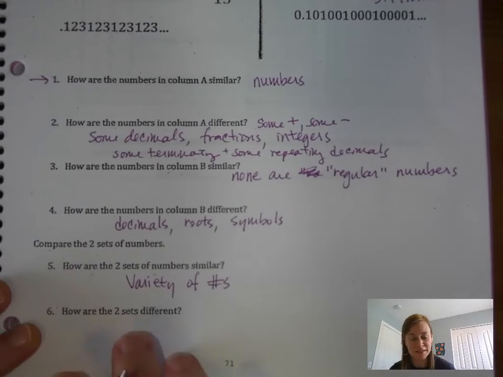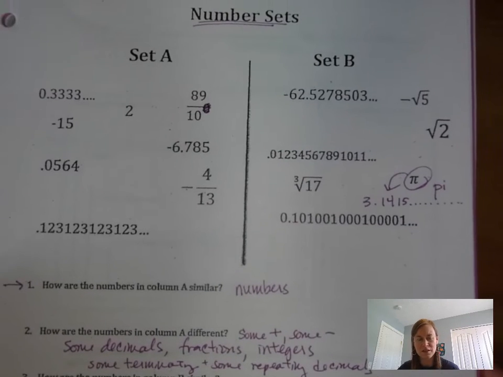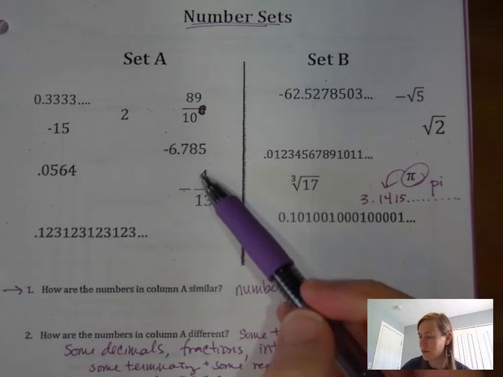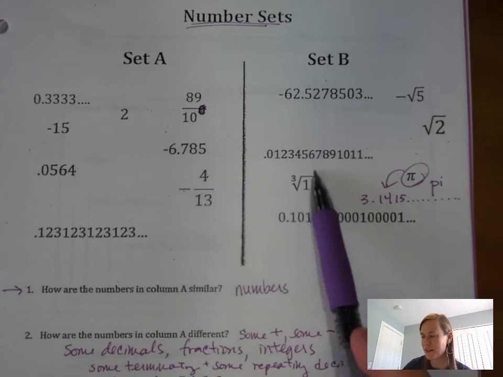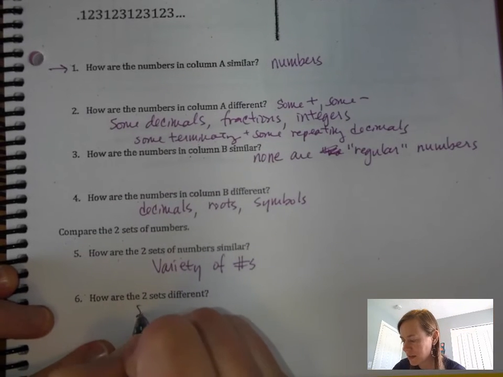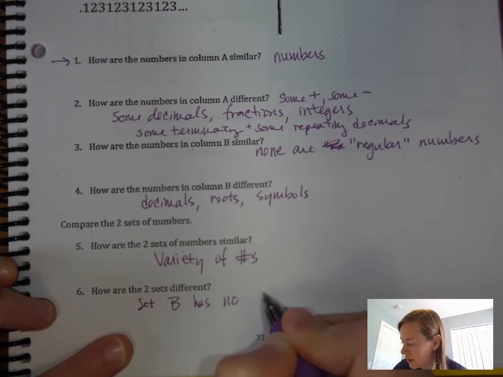Now, how are they different? This is a little bit easier to pin down. Let's take a look. So there's some fractions over here. Are there any fractions over here? No, I'm going to say set B has no fractions.